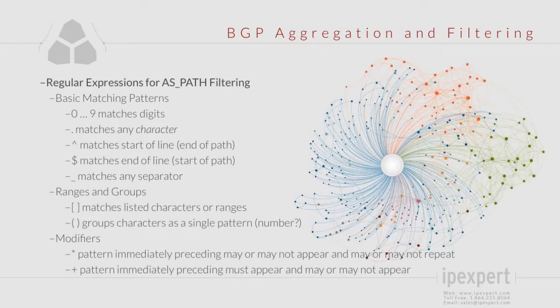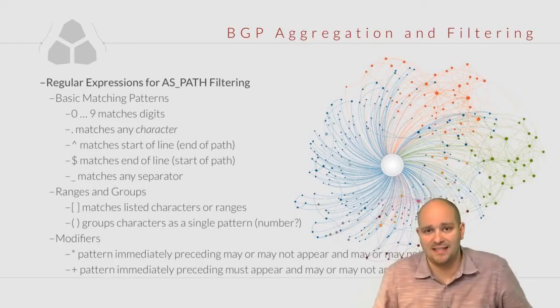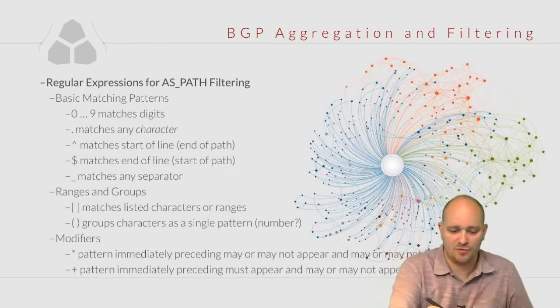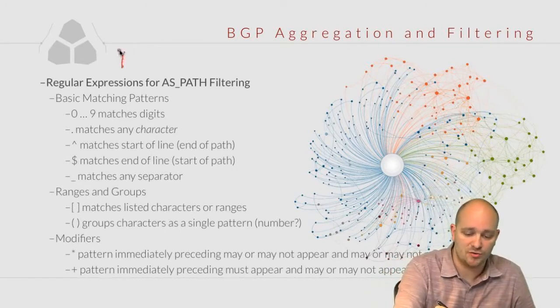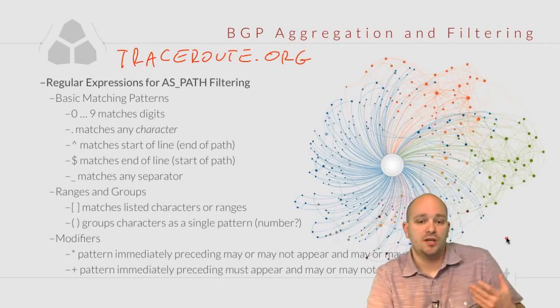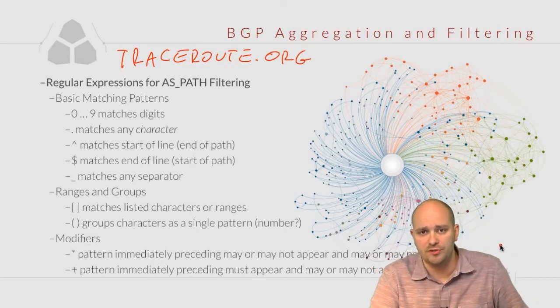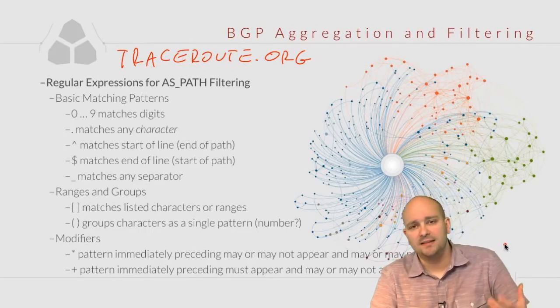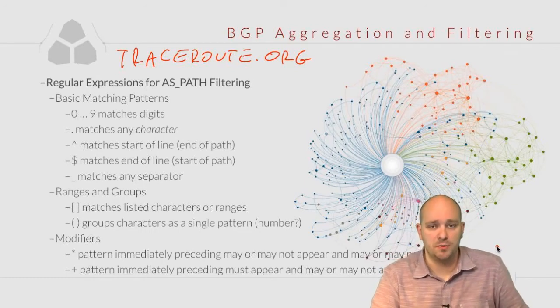Now, if you don't have access to any BGP speakers yourself, a good place to actually go and practice is traceroute.org. So let me just write that down for you here. And if you go to this website, you can find something called route servers, which are publicly operated routers that run BGP that allow you to run certain BGP show commands.